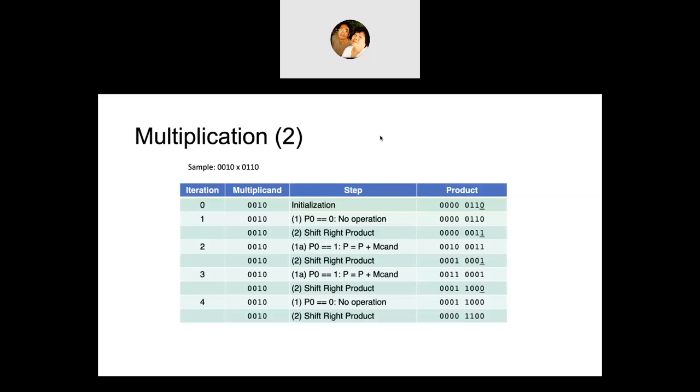It is not the same as the previous example. In the previous algorithm, we had another register for the multiplier, and we must shift right the multiplier register. But this time we just put the multiplier into the right half of the product register.